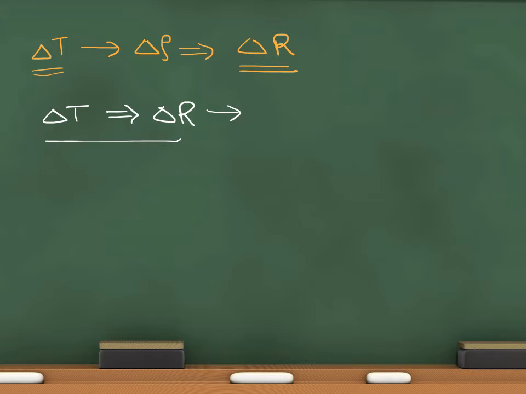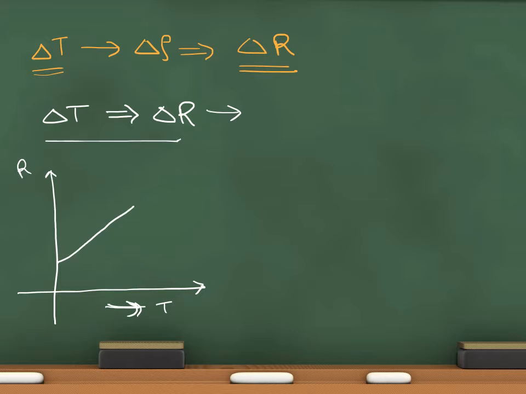That means, suppose you draw a characteristic relation between resistance and the change in temperature. Let me assume a characteristic curve is something like this.